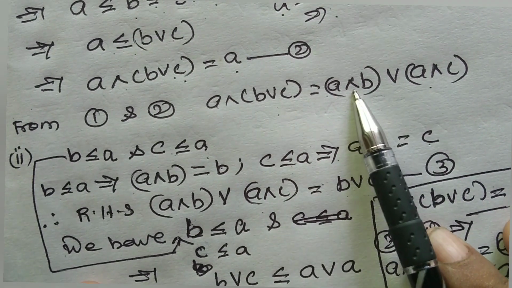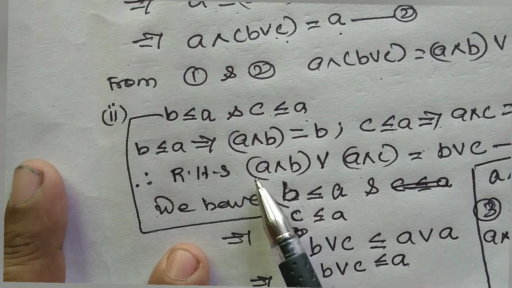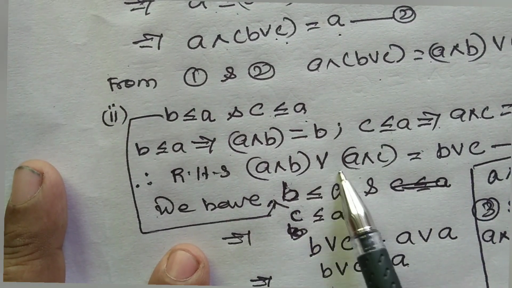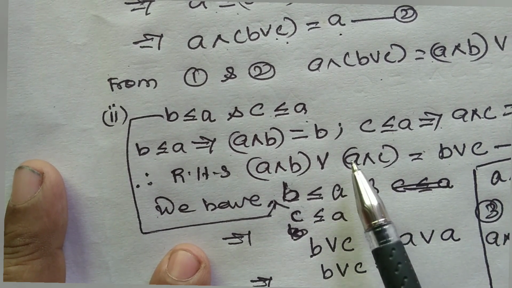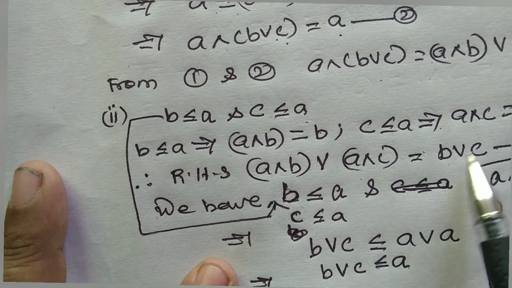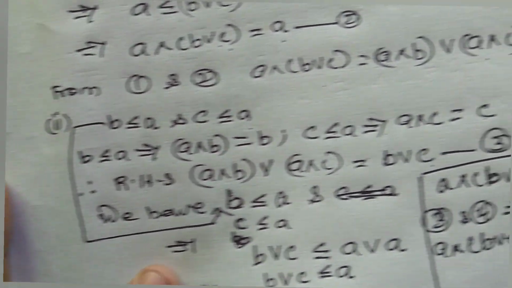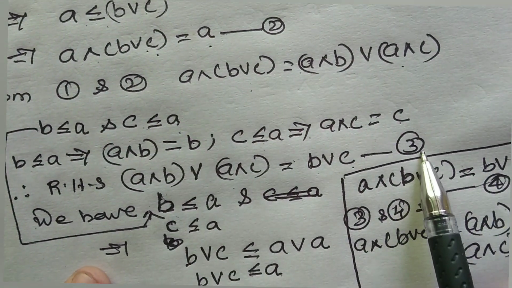So first we calculate this A and B and A and C. Now RHS is equal to A and B or A and C. Substitute these values, that is equal to B or C. So this is equation number 3.